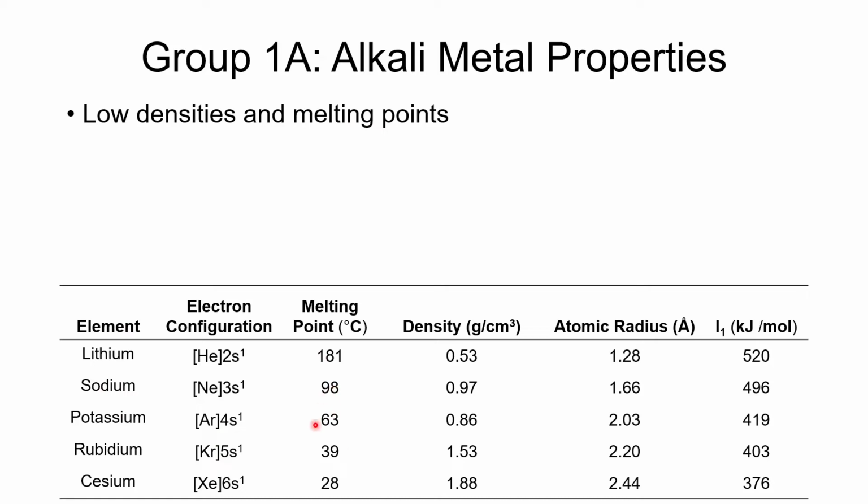Notice the melting points are quite low, and in fact, cesium has a melting point of 28 degrees Celsius. If room temperature were 30 instead of 25, then cesium would count as a liquid at room temperature. But it is a solid according to our measurement, where we have room temperature of 25 degrees Celsius. The densities here are very low.